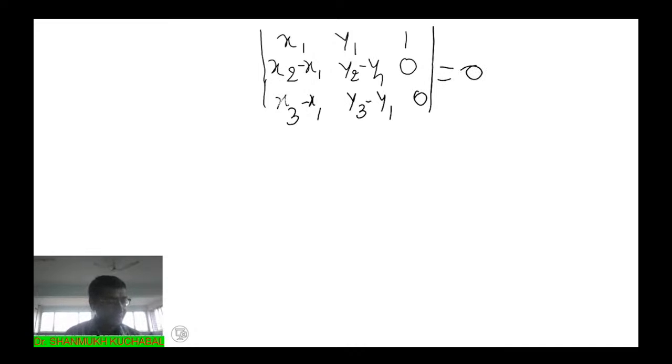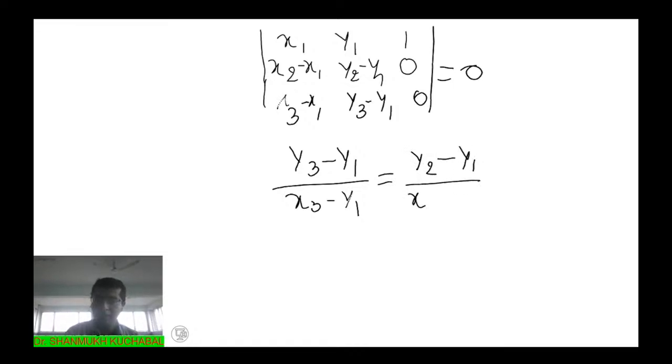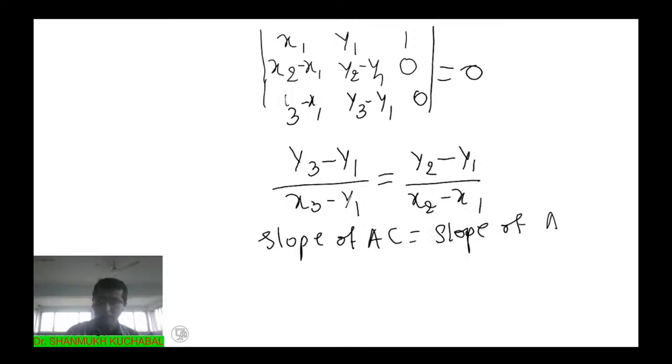If we expand it and simplify, we get the solution as y3 minus y1 divided by x3 minus x1 equal to y2 minus y1 divided by x2 minus x1. So this is nothing but the slope of AC is equal to the slope of AB.